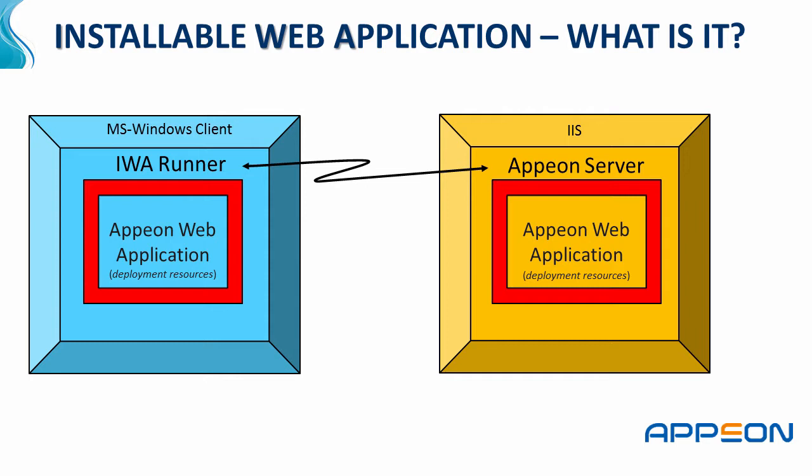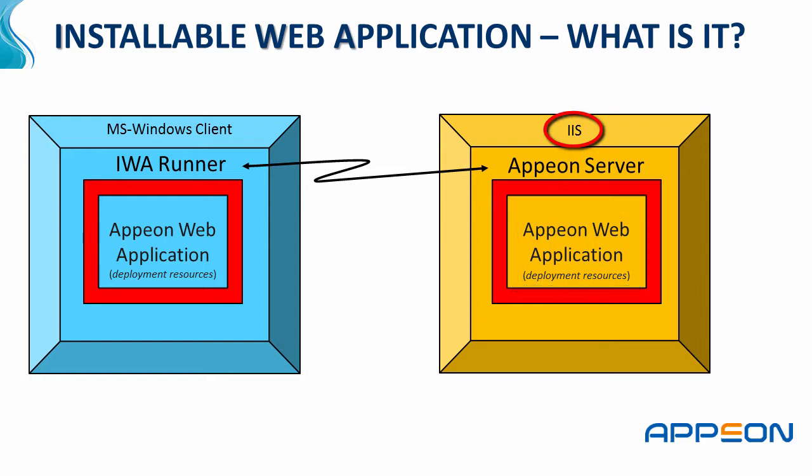Just to give you some background, if you look at the left-hand side, we'll see that we're going to be running a standard Microsoft Windows client. And we have a new application called the IWA Runner. This application acts as a shell and a connectivity conduit to the Appeon server. Inside the Appeon server is the deployed Appeon web application, in this case running underneath the IIS web/application server.